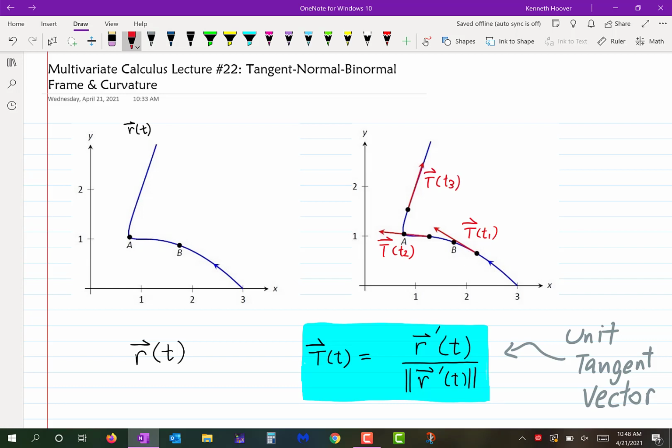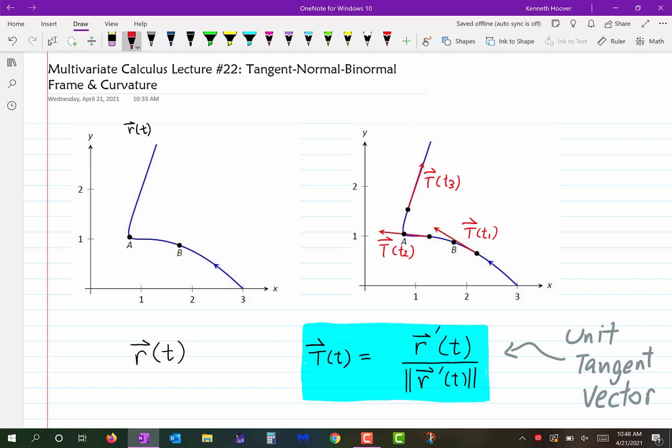Okay? So, pretty straightforward concept. But we need to know more than just the direction of travel, although that does tend to be extremely important. There's something else that you have to understand.